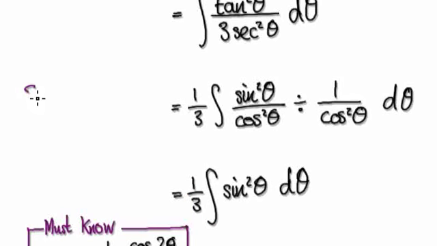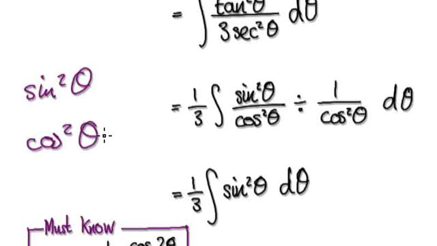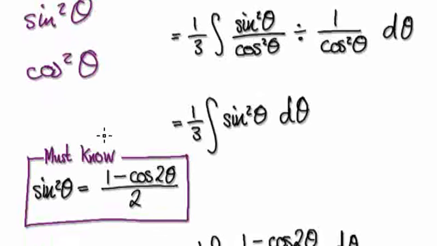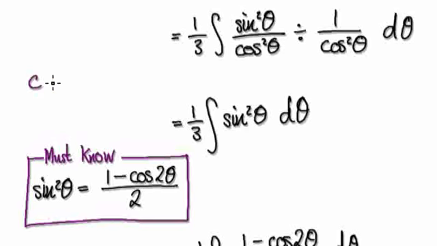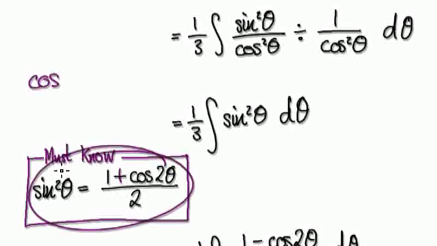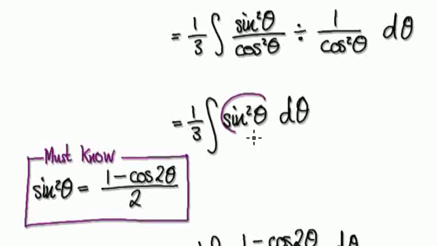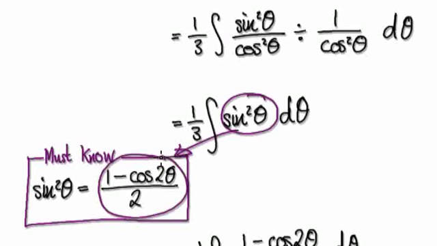Remember, to integrate sine squared theta or cos squared theta, we normally use this. In the case of cos squared, you should already know this. So rewrite this as this.